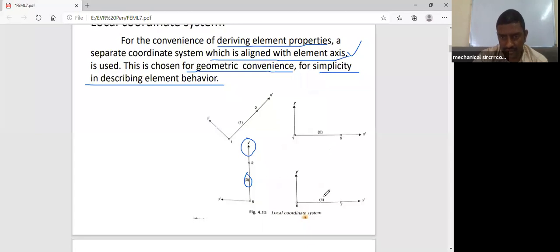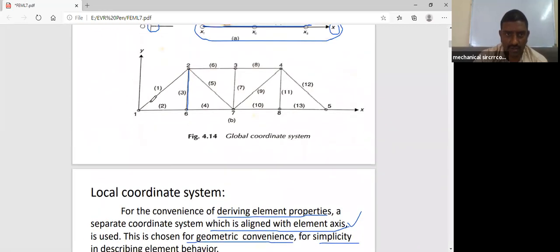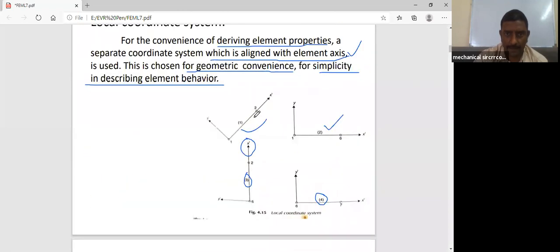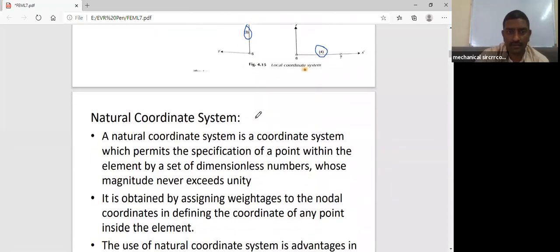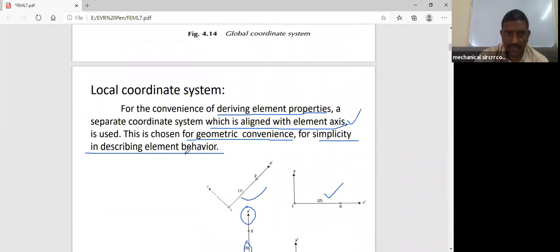Similarly, this is element 4, which is assigned a local coordinate system x dash and y dash. So element 2, element 1. In the local coordinate system, we can describe the element behavior.